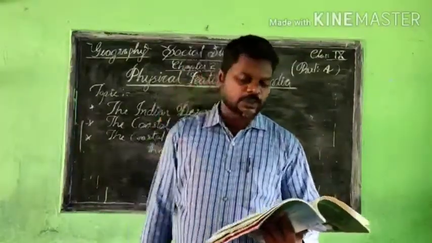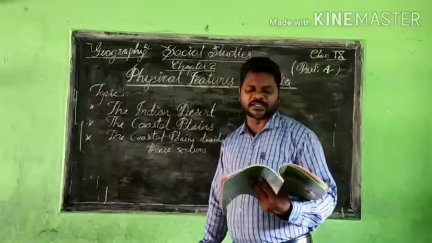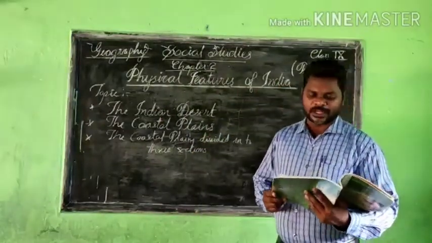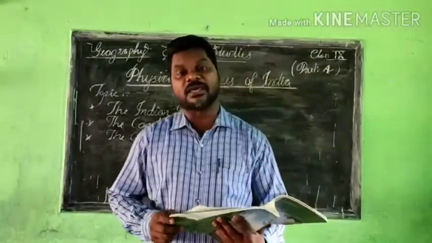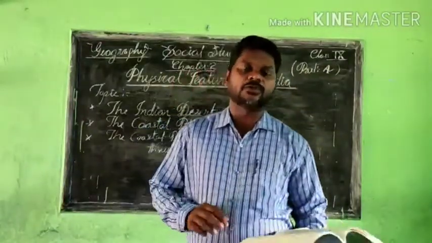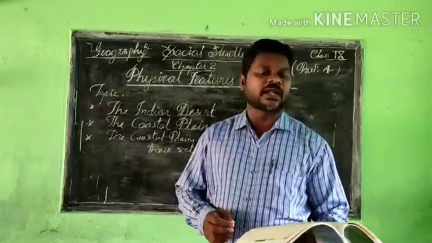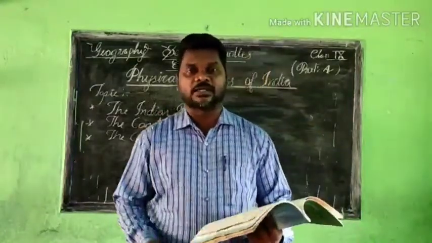Listen carefully. The Indian desert lies towards the western margins of the Aravalli hills. When we look at the topographic map of India, we can see the Aravalli on the northwestern side.